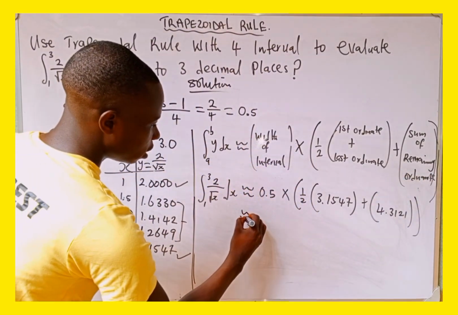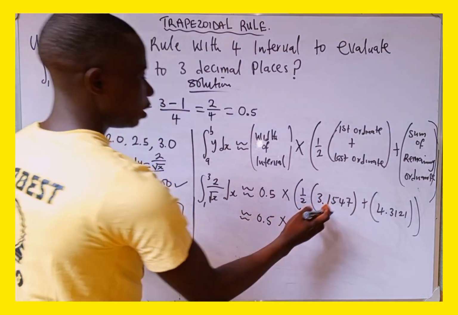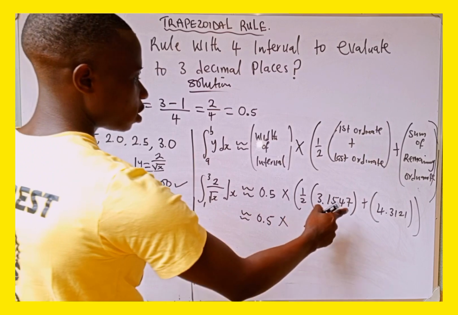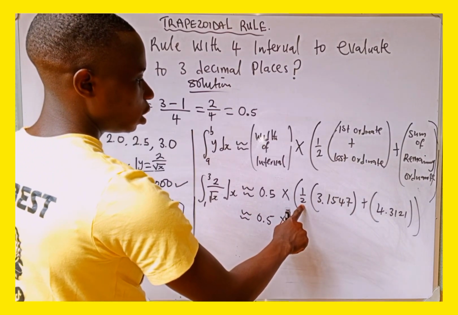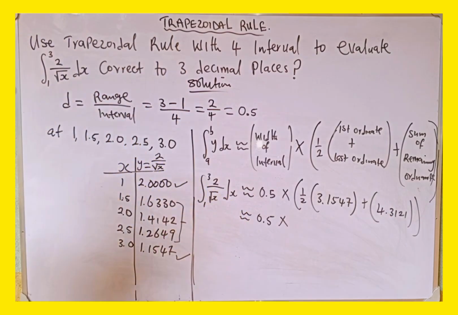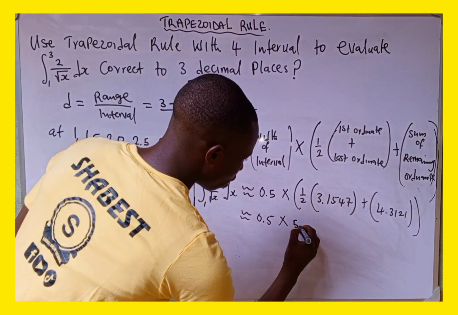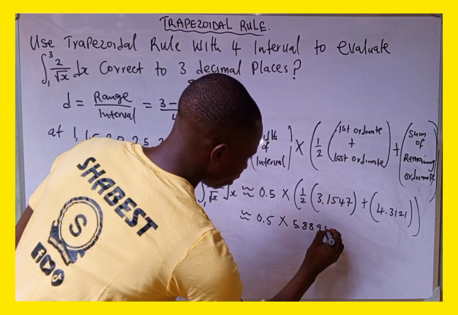Now I'm going to evaluate. The width is 0.5, multiplied by 3.1547 divided by 2. You press equal to, then add your answer to 4.3121. It's going to give us 5.8895.